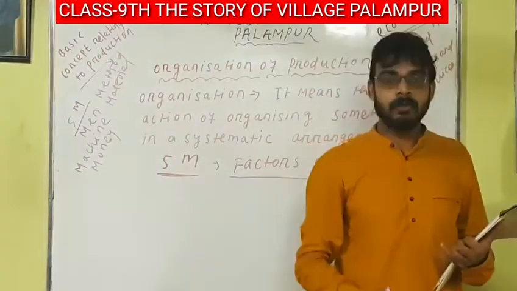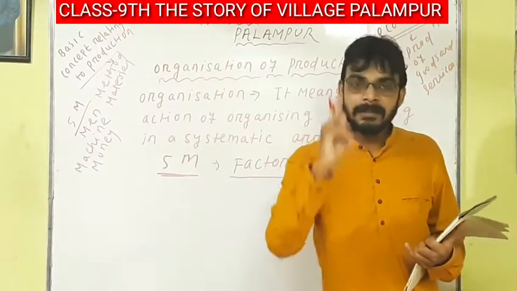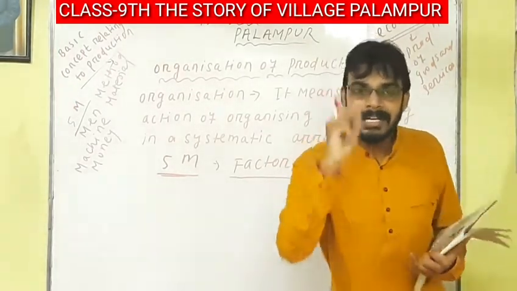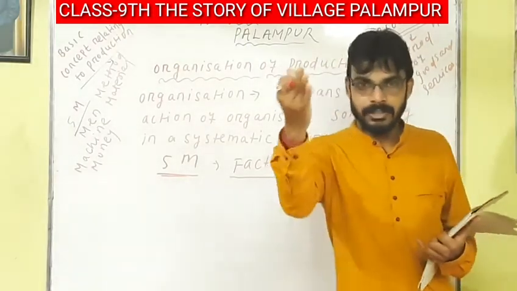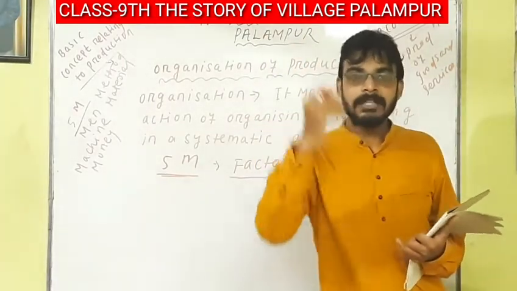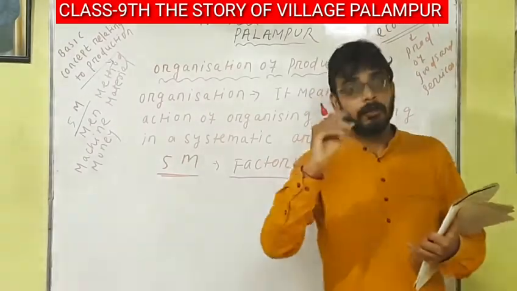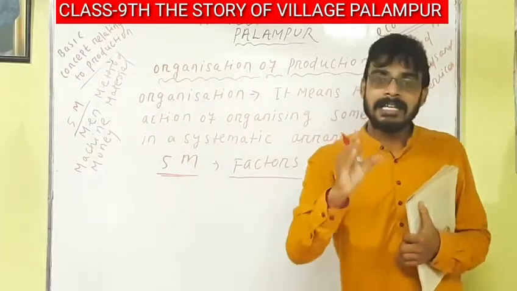To establish a school, we need land, we need manpower, that means teachers, we need method, we need material, that means in which way you have to teach the students, using the latest technology or using a manual method. Suppose to produce sugar, we need raw material, that is sugar cane.